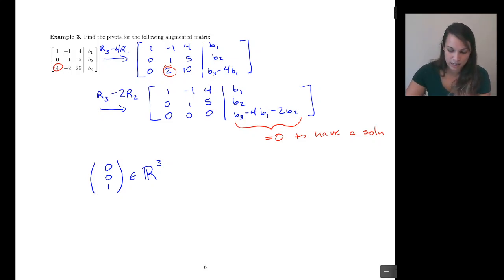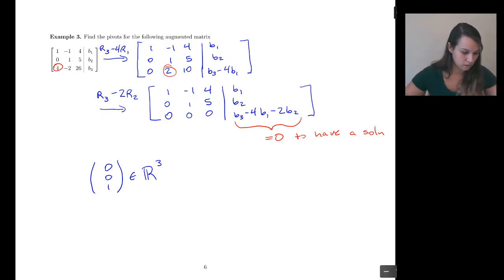We need this to not happen, because we can't guarantee the right-hand side is going to be equal to 0 for all of them. We can always come up with a combination that's not going to be 0. So we want this 0 thing that's happening over here not to happen. And if we don't have a row of zeros, that means we need a pivot in that row.